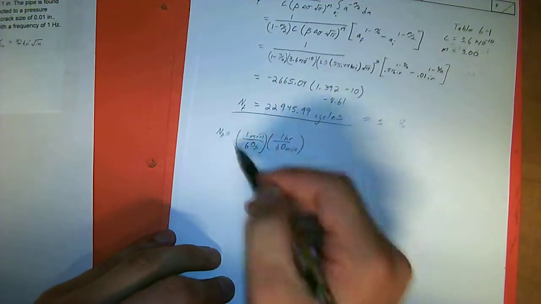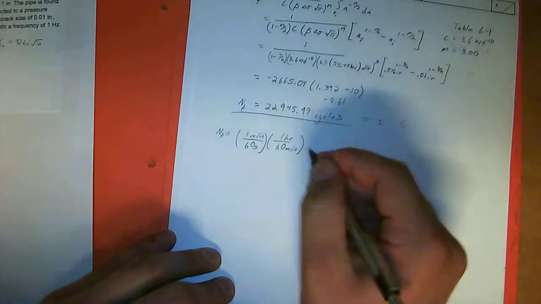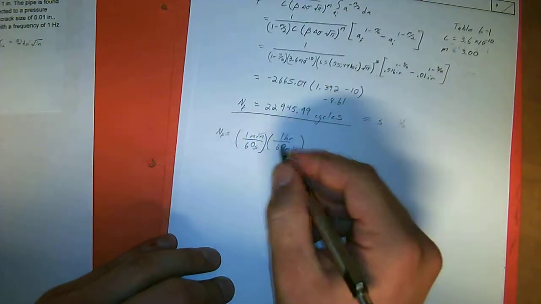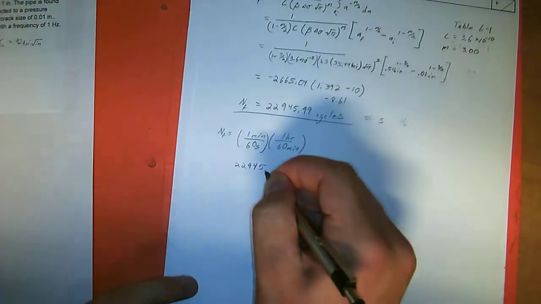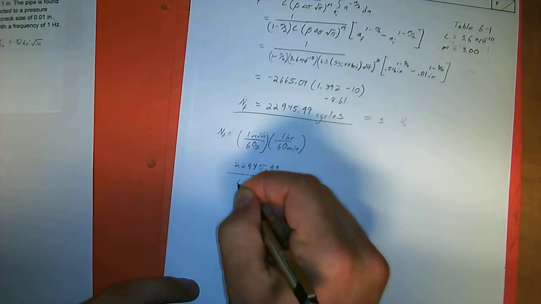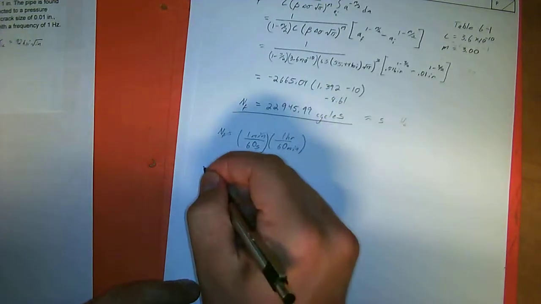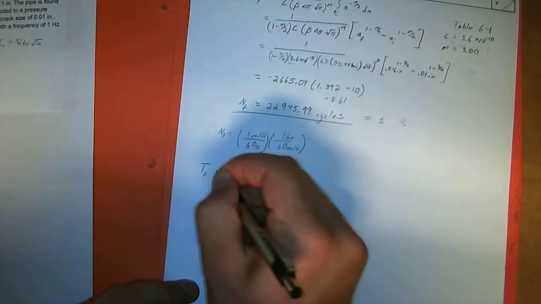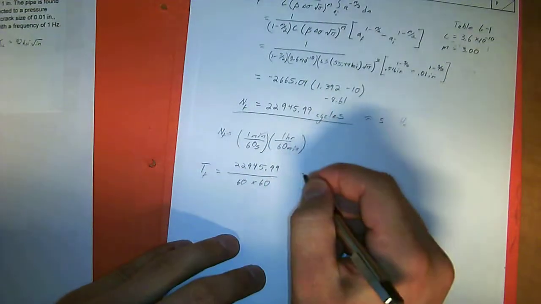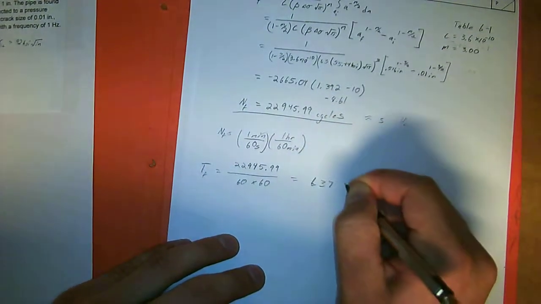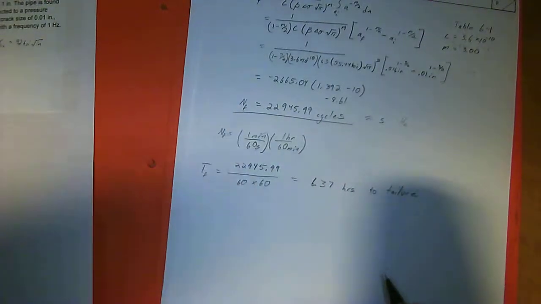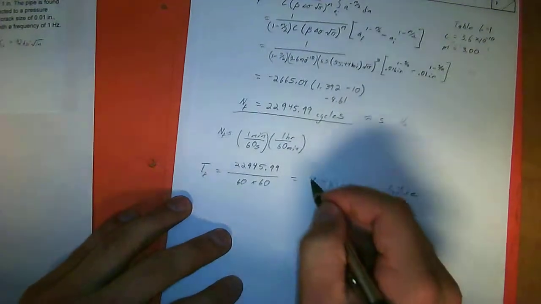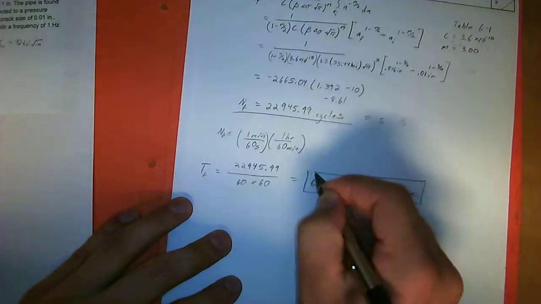And then you just sub this value right on in, and you find out that 22,945.99 divided by 60 times 60, which is equal to T final in hours, is equal to 6.37 hours to failure, which is not a very long time, but is what it is. So that's your answer. That's how long this thing can cycle before going into failure.